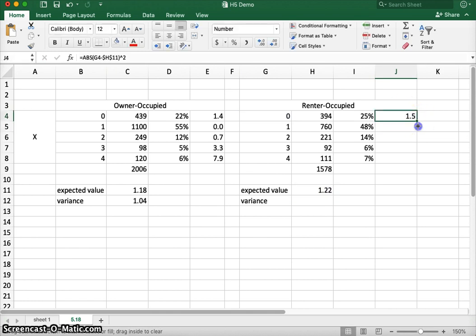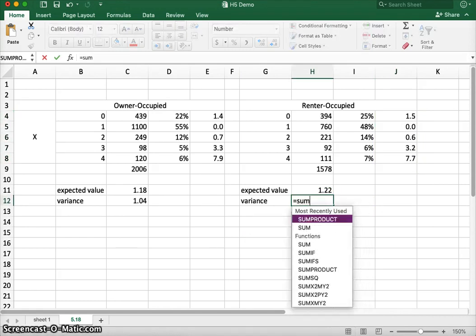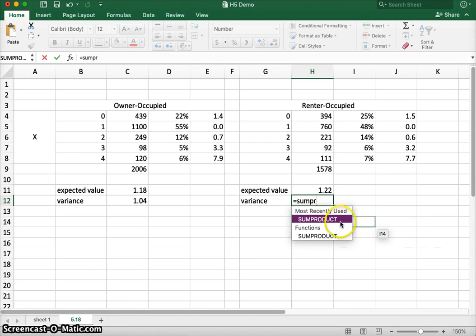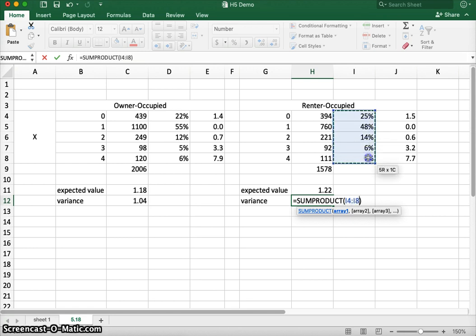Then I'll just copy them down. And then I'll just find the SUMPRODUCT, or the weighted average. SUMPRODUCT gives us the weighted average. It gives us the result times the probability of that result. So it's just this, comma, this.